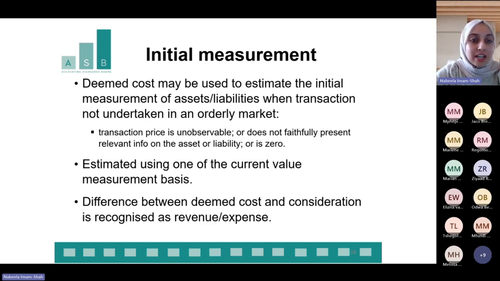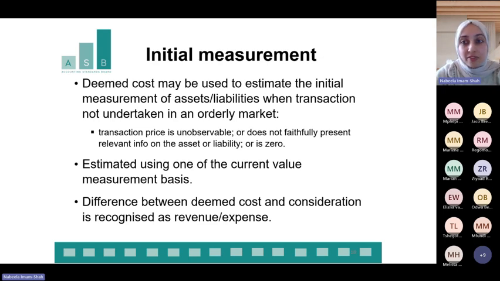So this is when the transaction price is unobservable or does not faithfully present relevant information on the asset or liability, or the transaction price is zero. IPSAS 46 does identify some instances where deemed costs may be applicable. I think for our understanding, this will largely relate to what we know as non-exchange transactions.